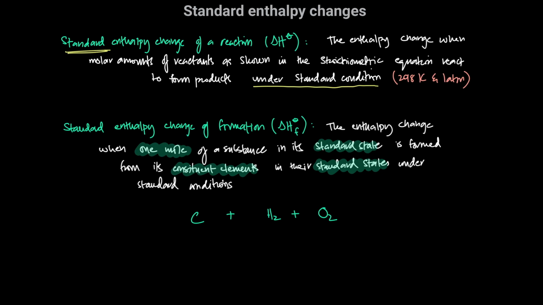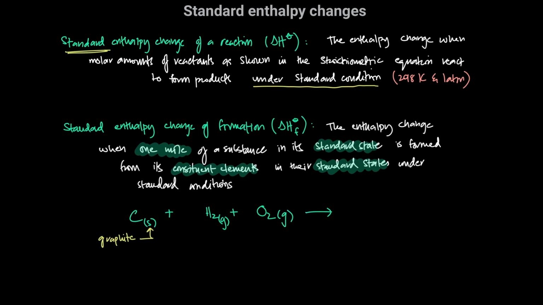If you had to write this equation with state symbols, you're going to write the state symbols for these elements in their standard states. The standard form of carbon is solid, and carbon in its standard state is graphite. Graphite is defined as the standard state for carbon. Then hydrogen is a gas, and oxygen is also a gas.